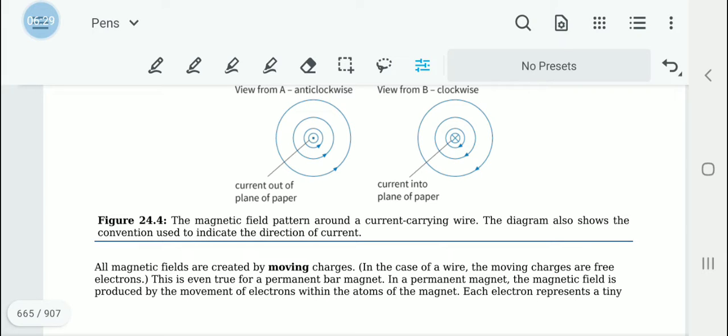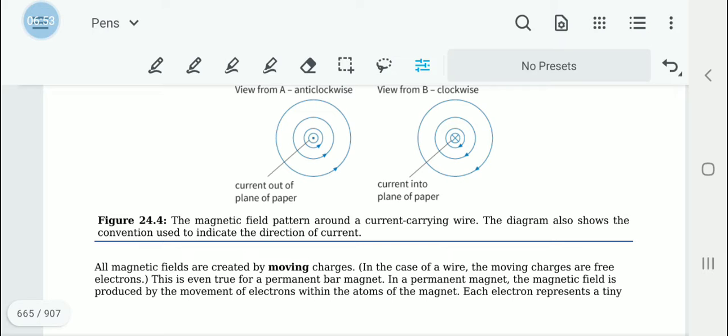So magnetic fields are created by moving charges, right? When we talk about a wire, it is the free electrons that carry charge. When you talk about a permanent bar magnet also, we talk about movement of charges.